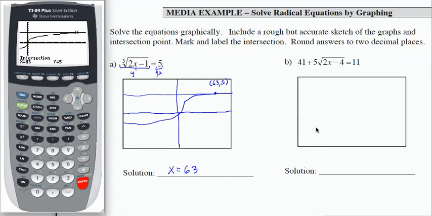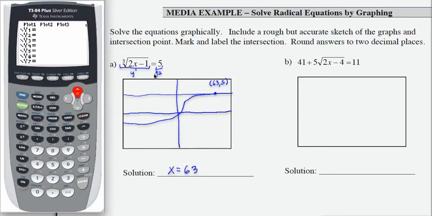All right, let's take a look at part B. I've got 41 plus 5 times the square root of 2x minus 4 equals 11. So let's go to y equals, clear what we have there. And again, I'm going to enter the left side as y1 and the right side as y2.